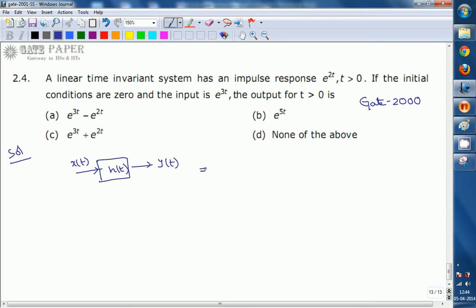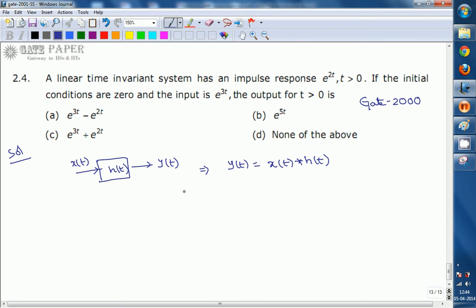We know that the output is the convolution between x(t) and h(t). So we can find the convolution and get y(t).